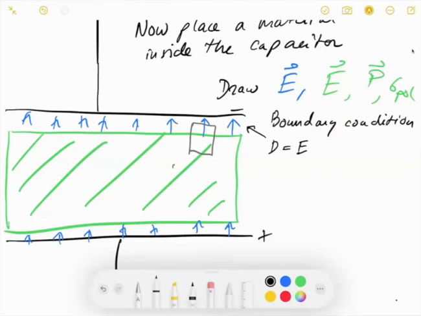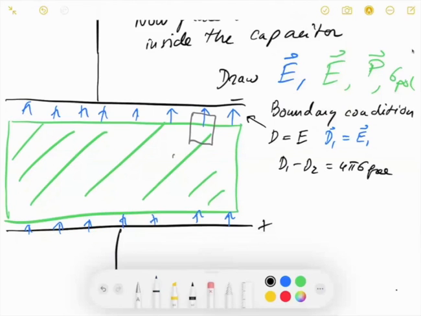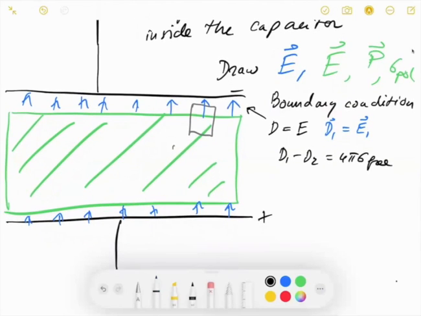We'll say D1 is E1, and that's the blue field. And then the boundary condition says that D1 minus D2 is equal to 4 pi sigma free. Now, I don't think I was really explicit about what kind of material I was talking about, but let's assume that this is an insulator.